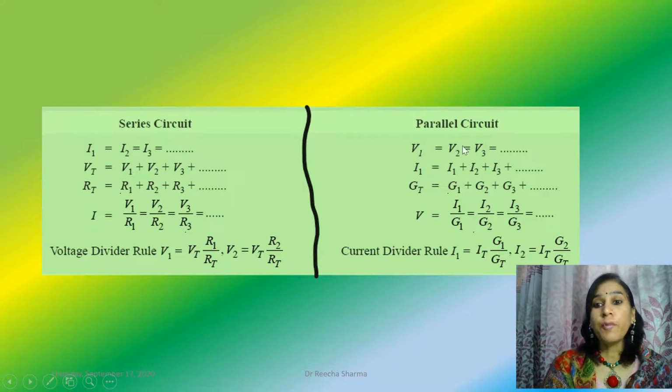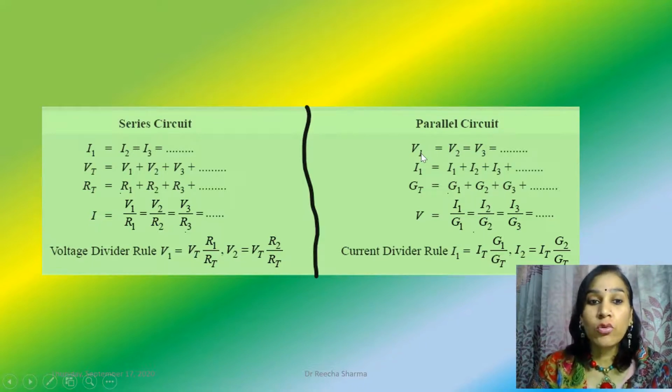Similarly, in the case of a parallel circuit, voltage is the same in all the components. V1 is equal to V2 equal to V3, and current is the summation, that is I1 plus I2 plus I3 is equal to I total.